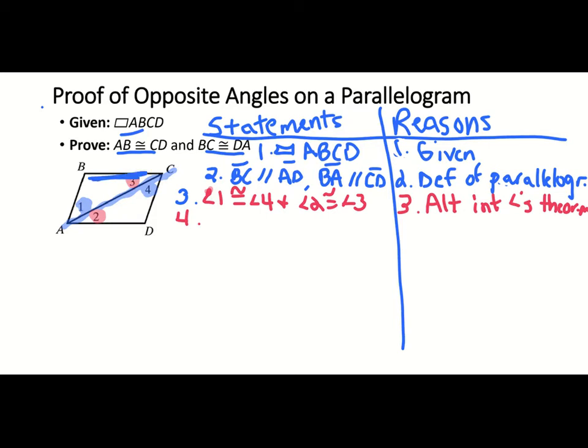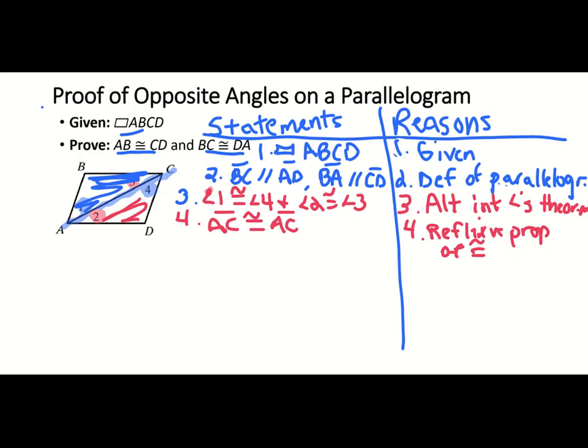Look at this as a triangle and look here as a triangle. And if I look at it as two separate triangles, we have AC is congruent to AC. And that is our reflexive property of congruence. Sorry, that is horrible handwriting.